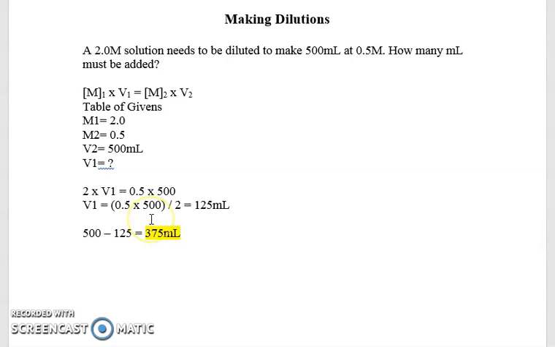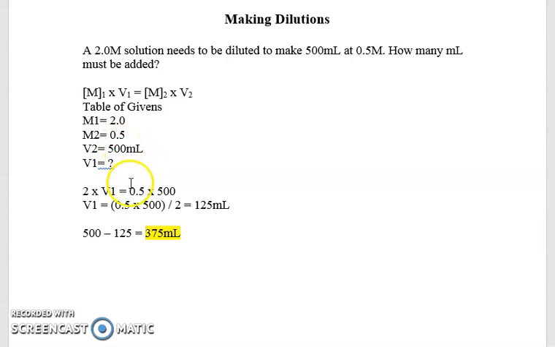Let me explain this final part again. We calculated the original volume, just like we did last time in our video. But now we have to know how many milliliters we have to add to this to get to 500 milliliters.